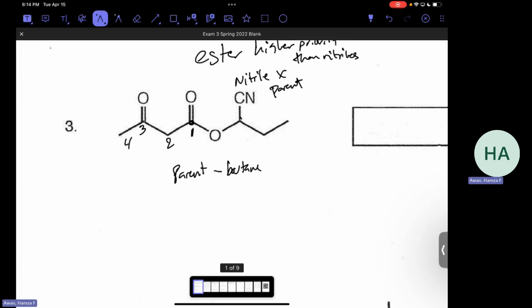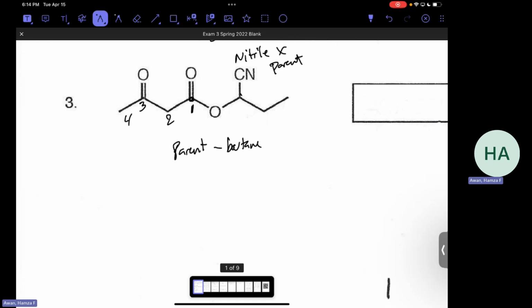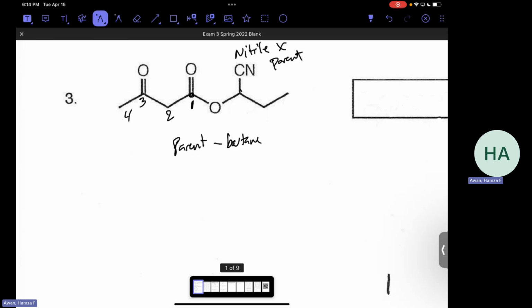We'll leave the naming for the ester for a little bit later. So right now, let's just call it a butane. And so we'll start with the substituents. On carbon 3, we have an oxo group. On the left side, we don't have any other substituents.